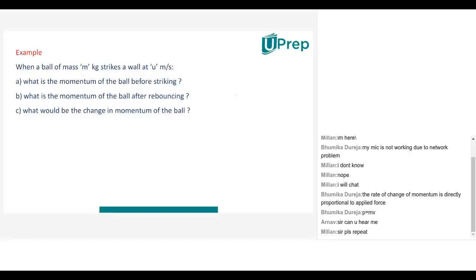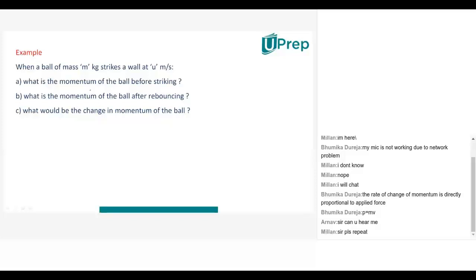And suppose the ball is rebounding with the same velocity. What is the momentum of the ball after rebounding? Sir, mu. Very good. mu will be the momentum after rebounding, but you have to write minus.